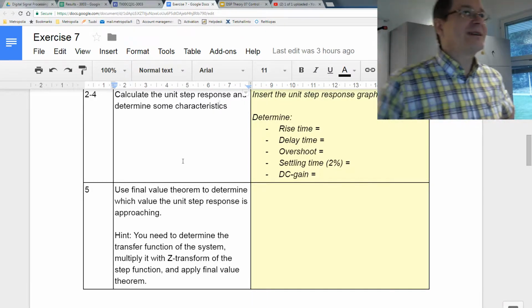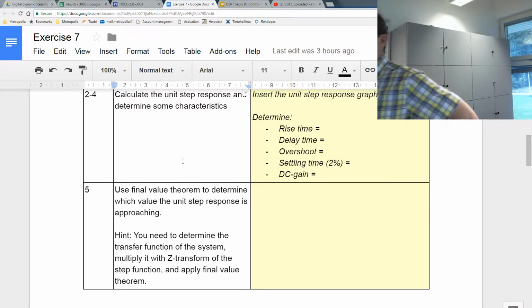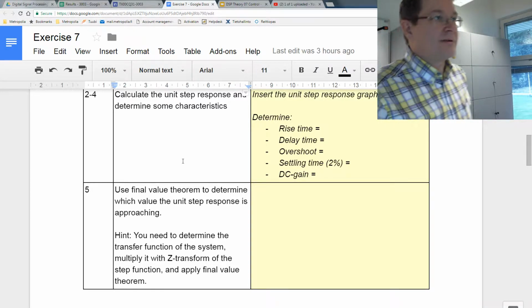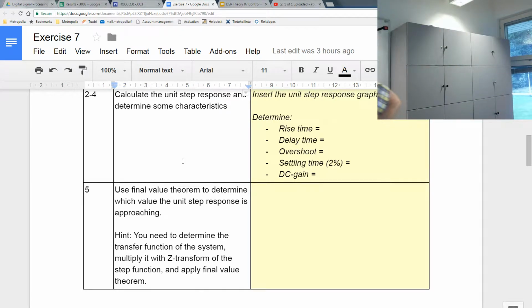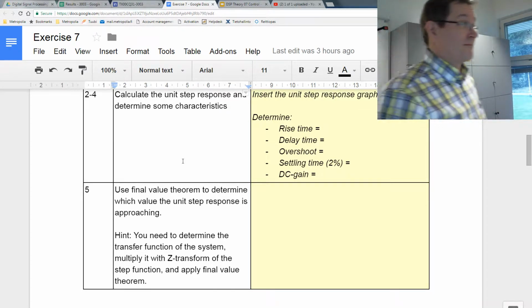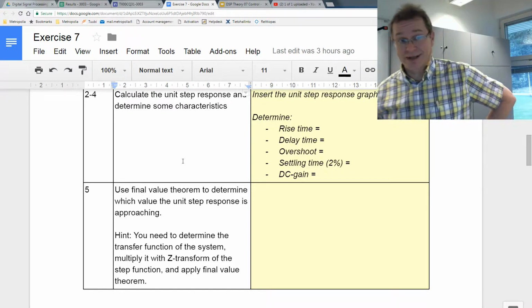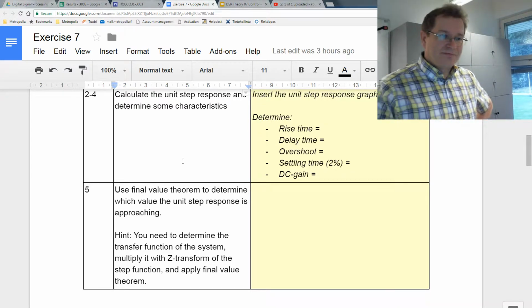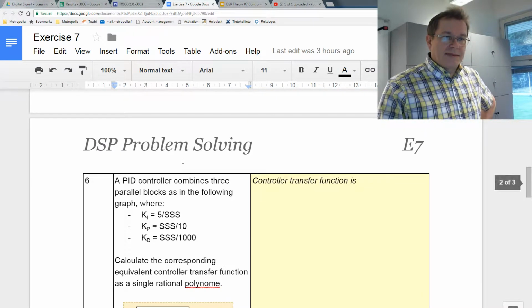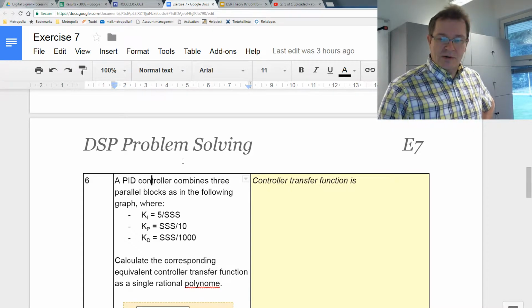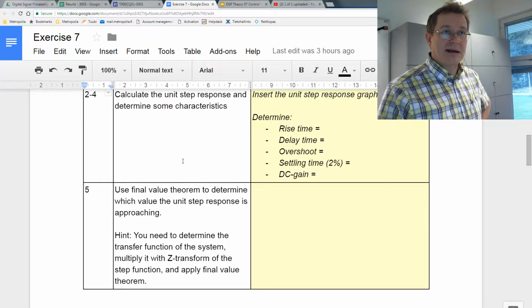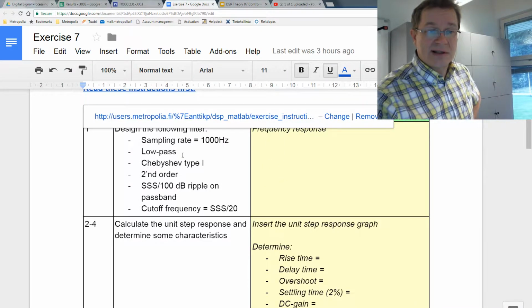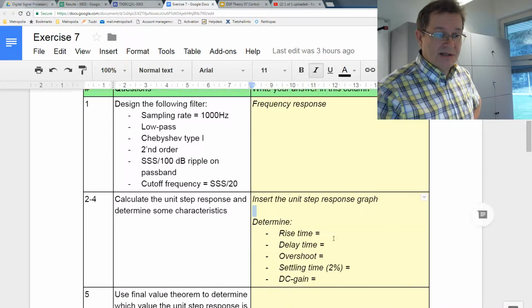So you get an estimate of the DC gain that way, but the final value theorem actually gives you the real DC gain. There's also a shortcut on that one, but anyways. All right, so that was the analysis tools for systems, and there we are interested in the step responses.